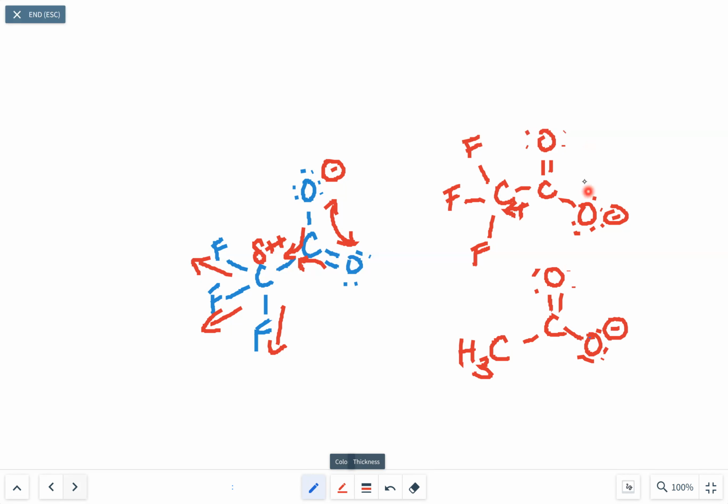So resonance stabilization stabilizes things through pi bonds. These inductive effects can help stabilize things through sigma bonds, but you can't really draw it the way that we do Lewis structures, because we've got 2 electrons here, 2 electrons here, 2 electrons here.